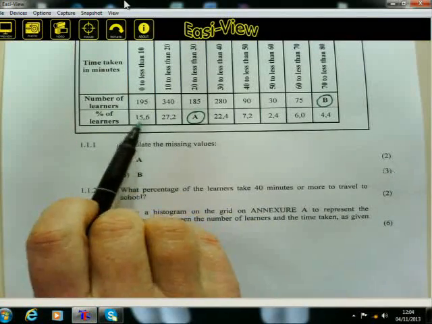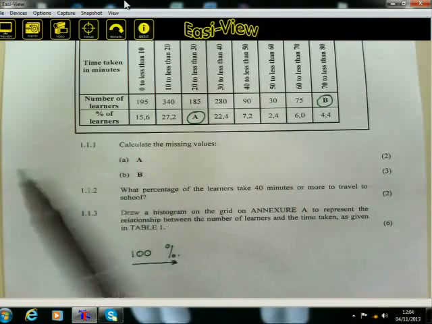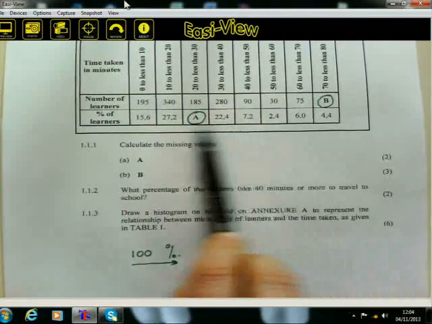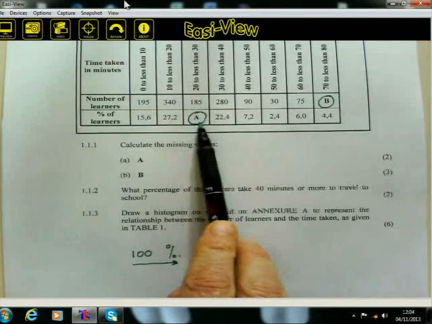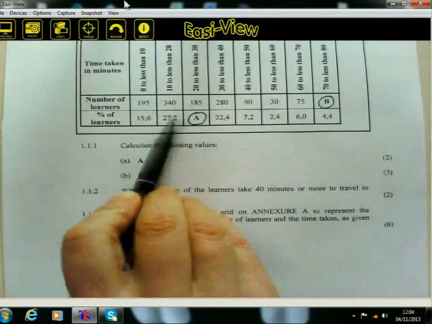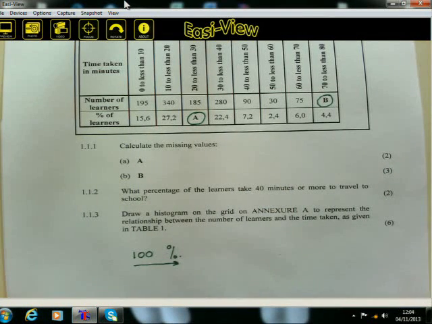If you then look at all of these learners that are incorporated, the percentages must add up to 100%. So if I want to calculate A, I must find the total of all these individual percentages and then I must subtract it from 100.